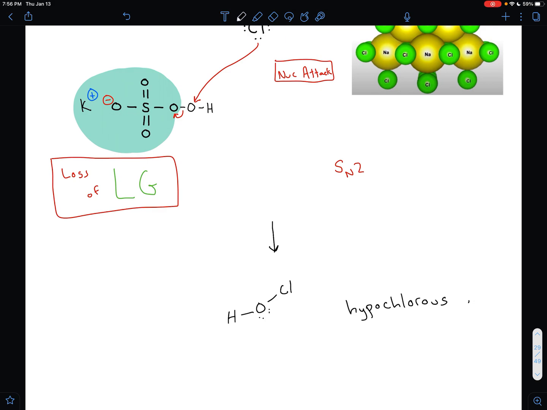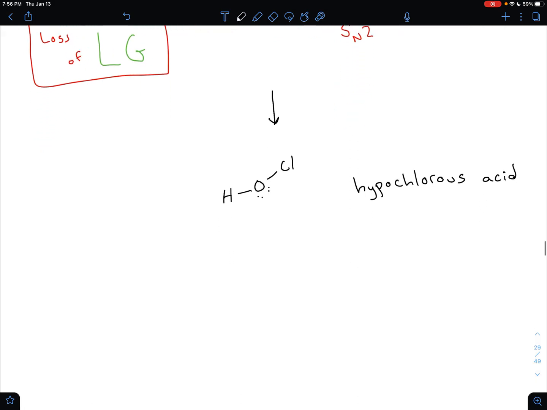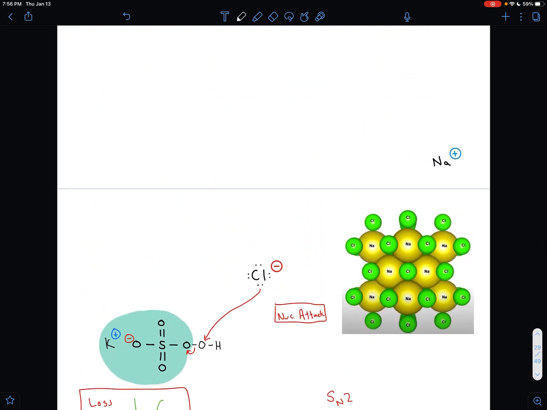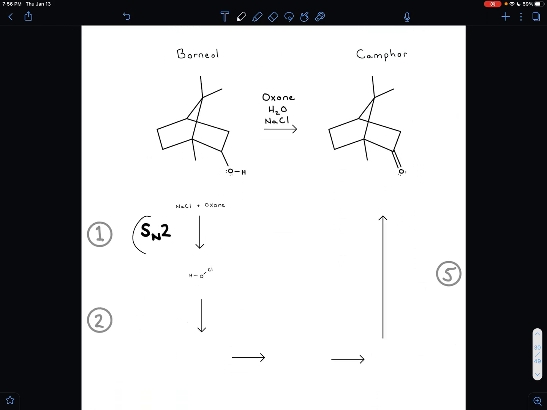This is actually the molecule that's going to react with Borneol in order to turn it into camphor. So in this first step, just to review, you do this SN2 reaction with sodium chloride and oxone to get this hypochlorous acid.